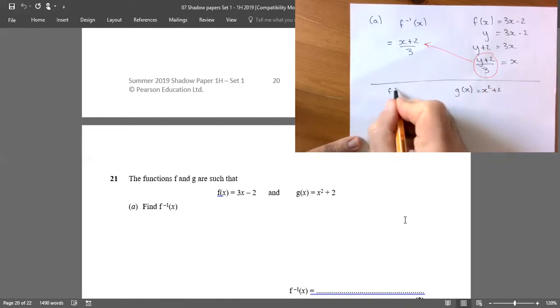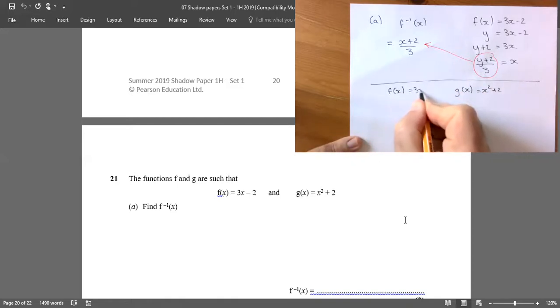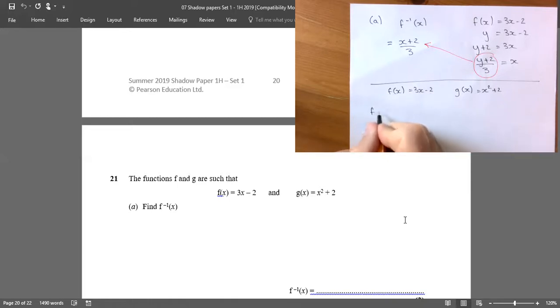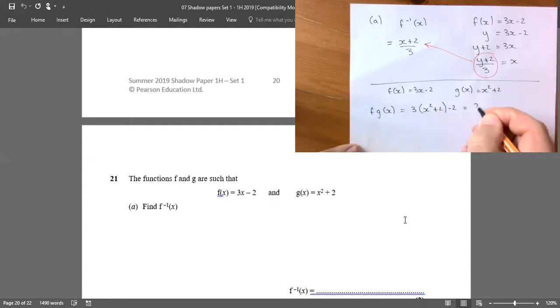We know that f of x is equal to 3x minus 2. So f of g of x is equal to 3 lots of x squared plus 2, minus 2, which equals 3x squared plus 6 minus 2, which is equal to 3x squared plus 4. So that's the left-hand side done.